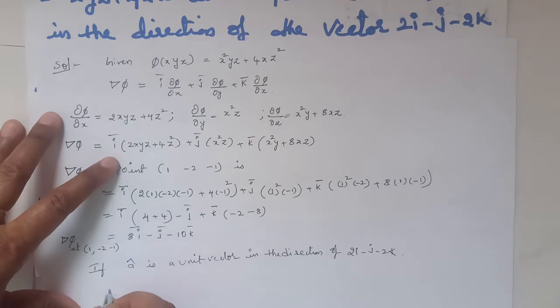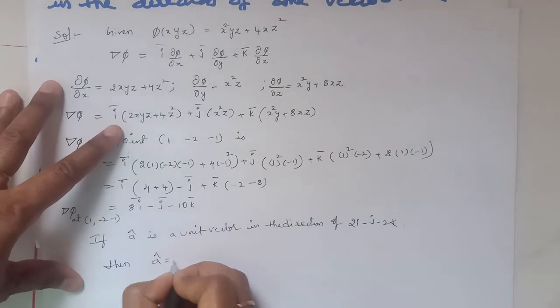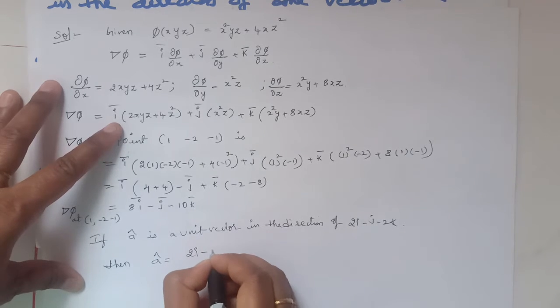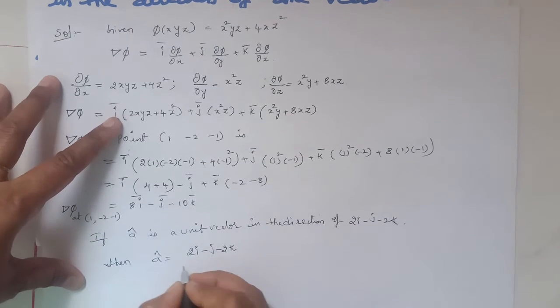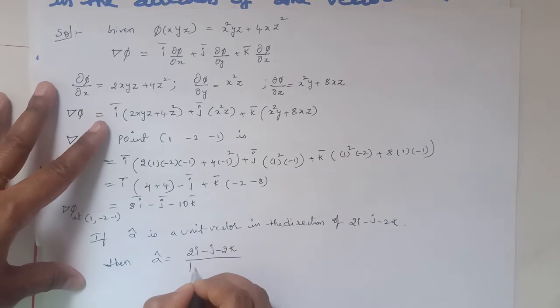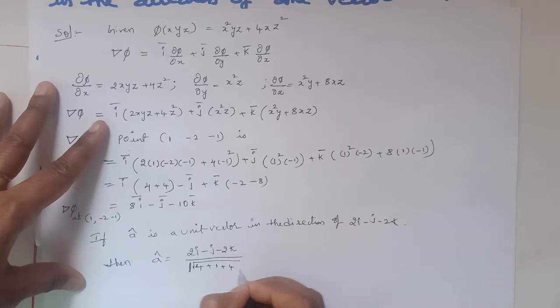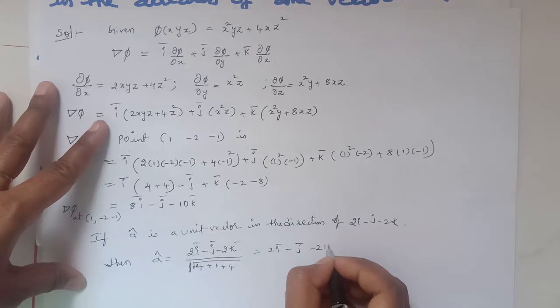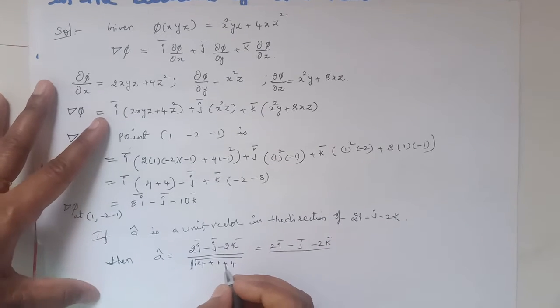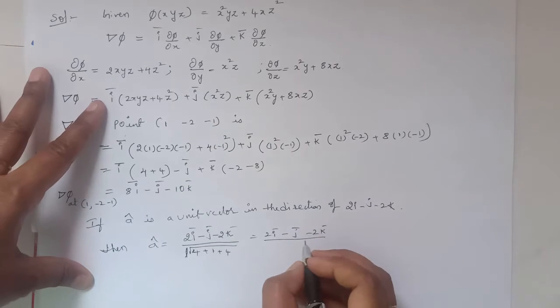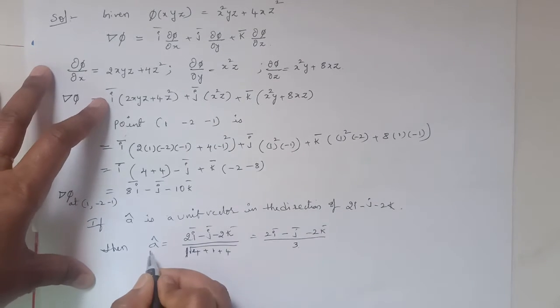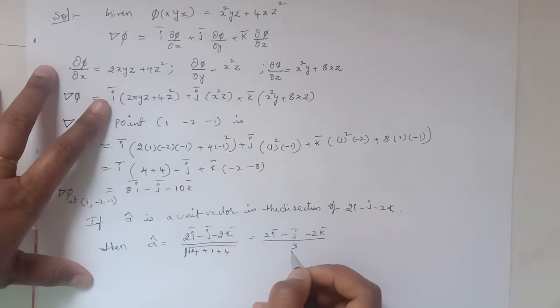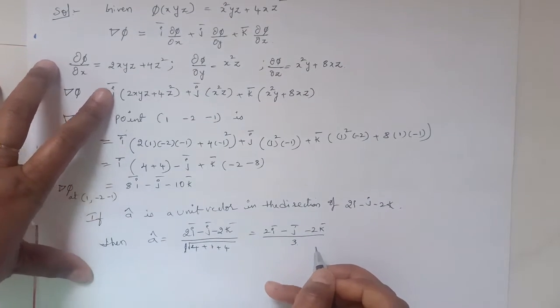Therefore a cap is equal to (2i - j - 2k) divided by mod, the root of 2 squared is 4, plus 1, plus 4. This is equal to (2i - j - 2k) by root of 4 plus 4 is 8, 8 plus 1 is 9. Root 9 is 3. Therefore the unit vector a cap is (2i - j - 2k) by 3.